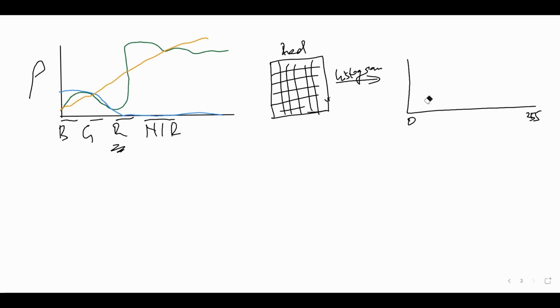So let us say in the red, for vegetation in red, or let's start with water. In the red band, as we can see, our water pixels would be probably somewhere there, and our vegetation pixels would probably be there.